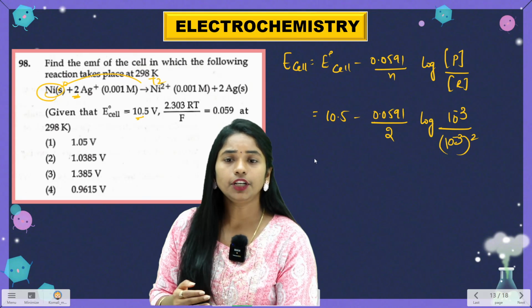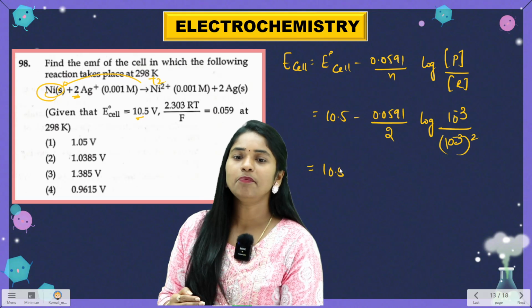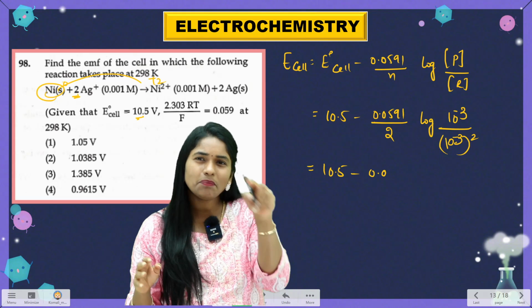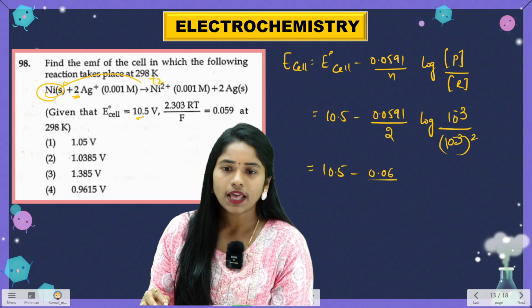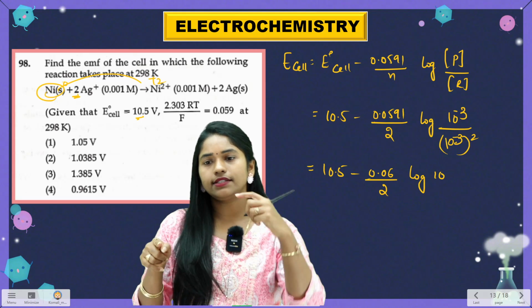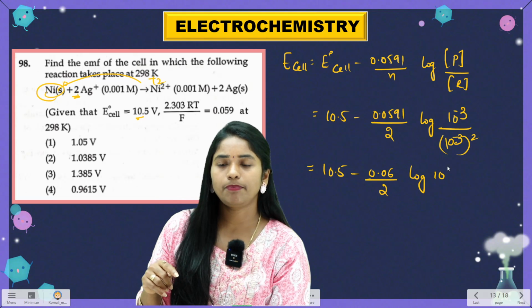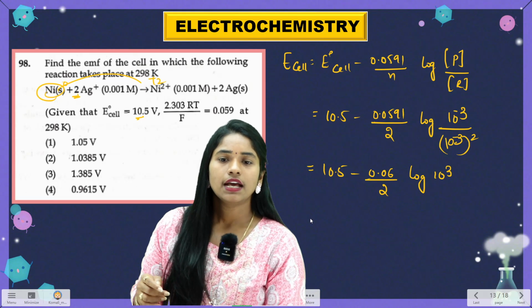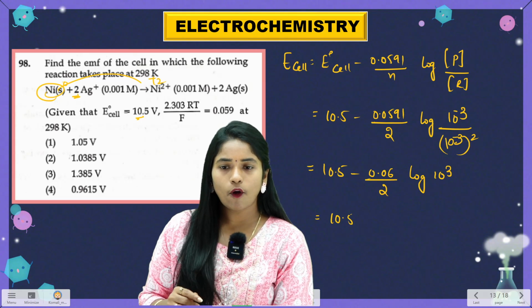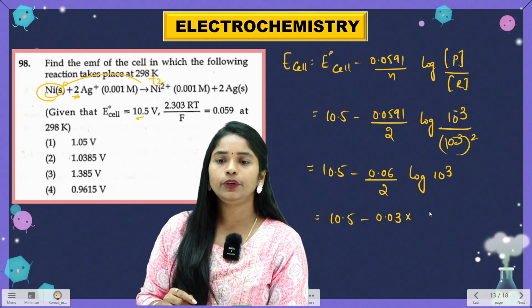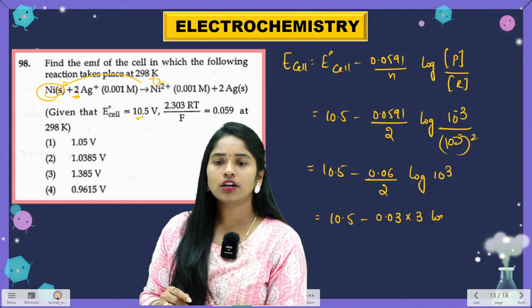Then after doing this we will be getting 10.5 minus 0.0591. Simply I will round it off and take it as 0.06. Then it will be 10 to the power of -6. If it goes up, 10 to the power of +6 and -3, what will be left? 10 to the power of 3 will be left. Then 10.5 minus 0.03 into 3 log 10. Log 10 is 1.